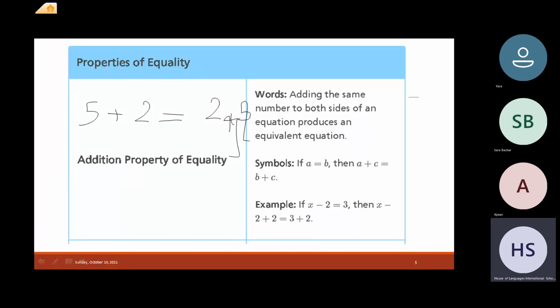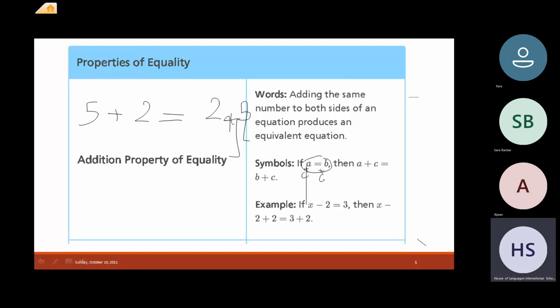Did it change the value? Still, they are equal. So this is the addition property. That means if A equals B, and you add C to both sides, they are still equal. It will not change.